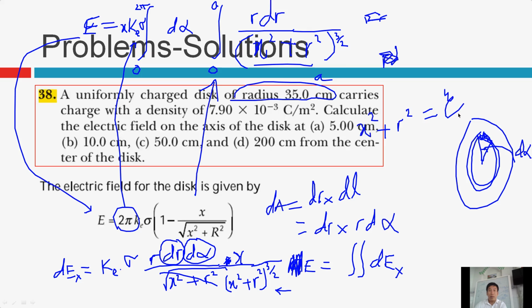I call this C. So you need to rewrite it.